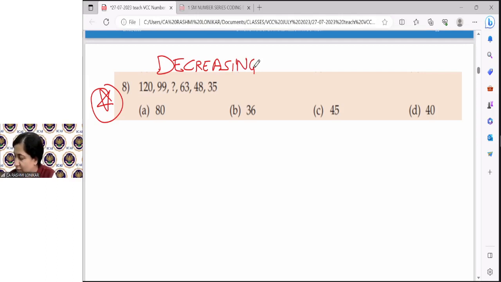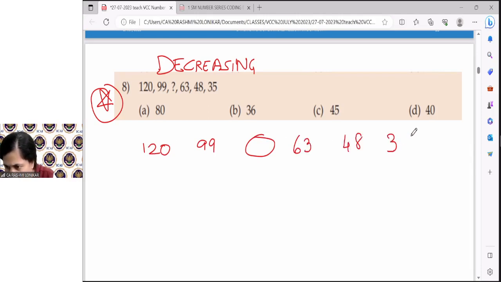Here there is a decrease. So 120, 99, question mark, 63, 48, 35. Also here the question mark is earlier. Usually you had the question marks at the end of the series, but here it is happening the opposite way.